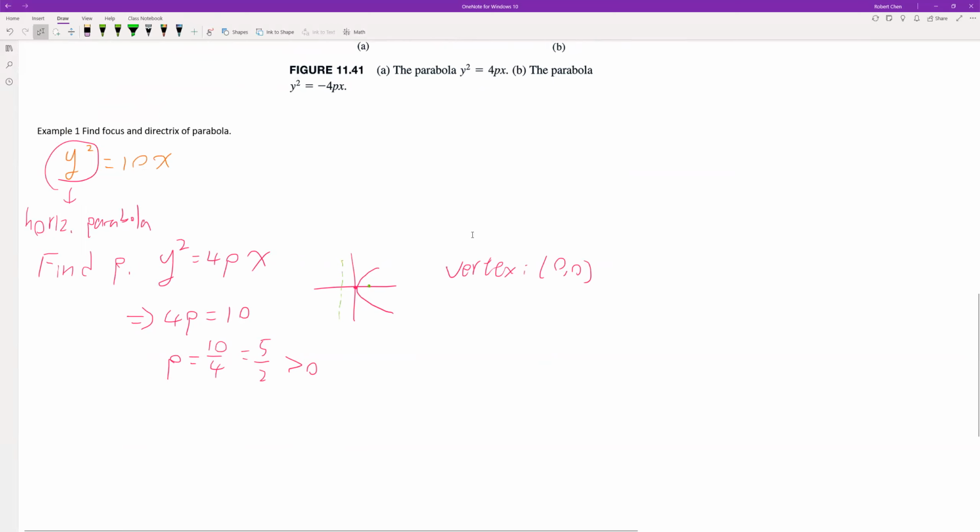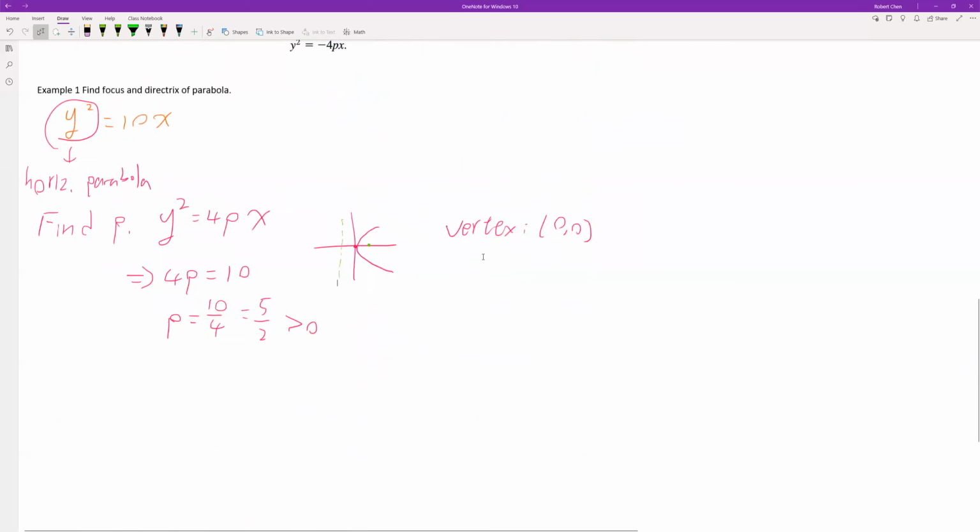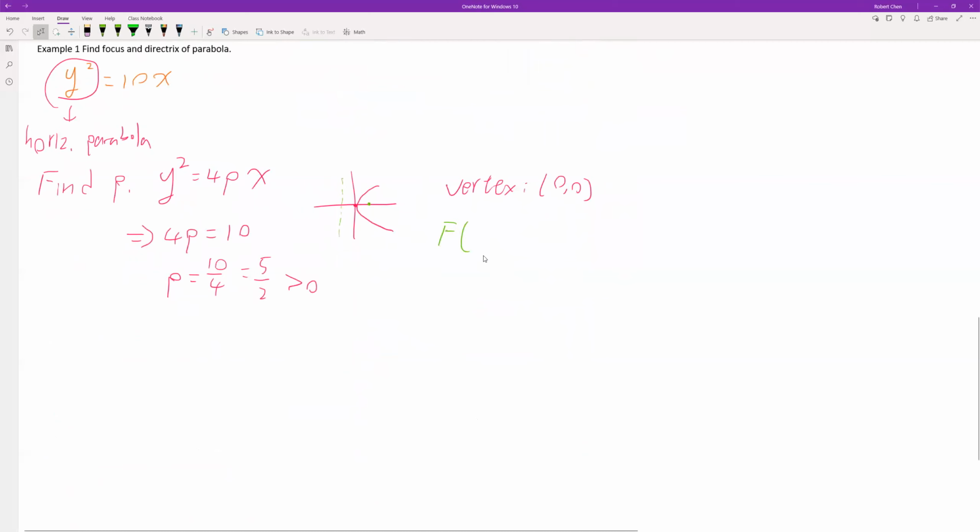So focus is going to have the coordinate (p, 0), which is (5/2, 0). Right, so this point has 5/2 and 0 coordinates, and the directrix is going to be the vertical line with x equal to negative p, which means x is equal to negative 5 over 2. And that's going to be your directrix, right?